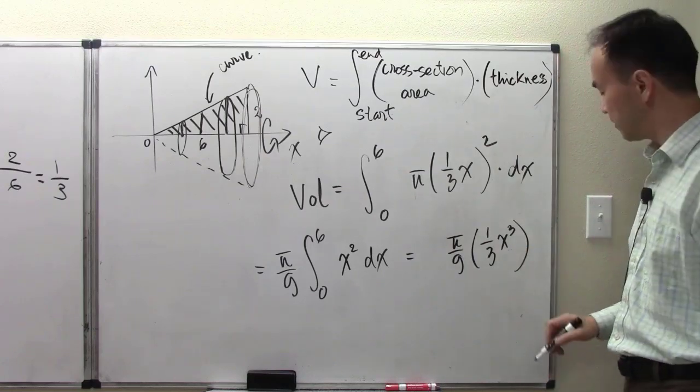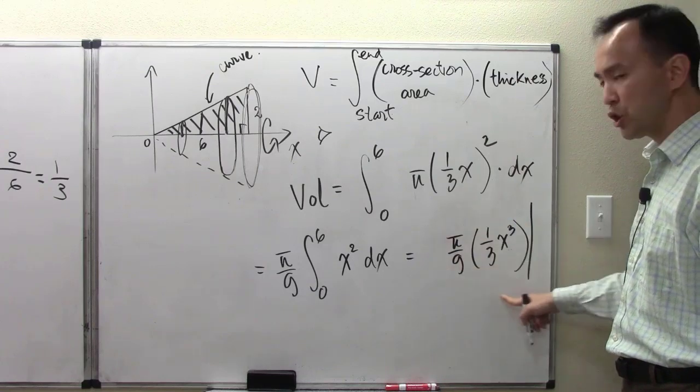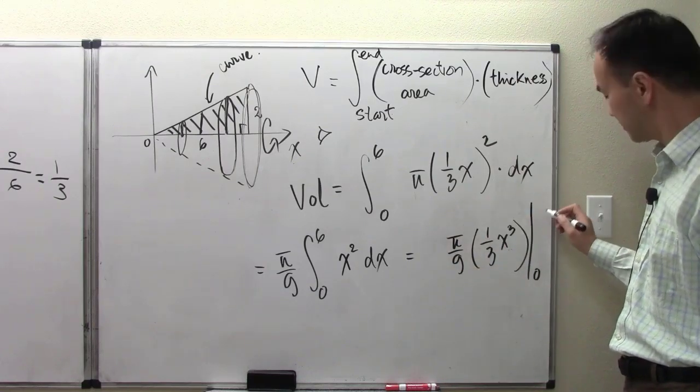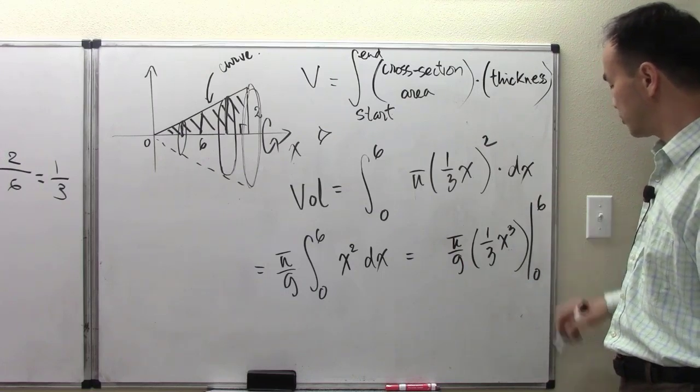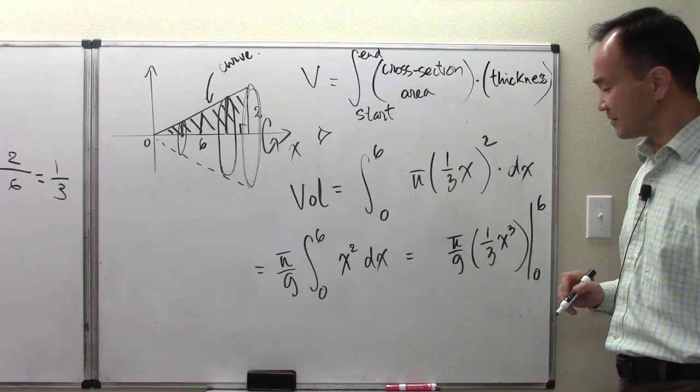I need to evaluate this antiderivative according to the fundamental theorem of calculus from 0 to 6, lower end to the upper end of our integral.